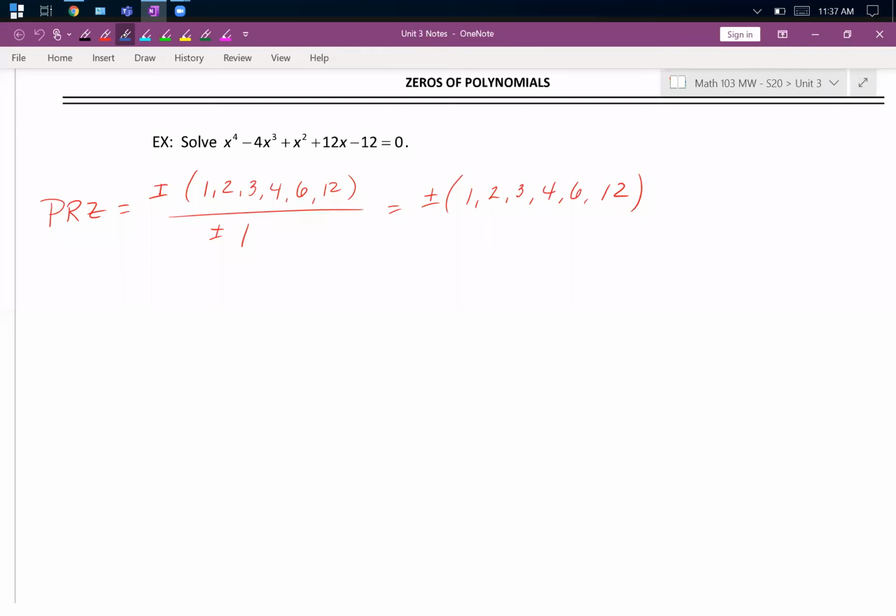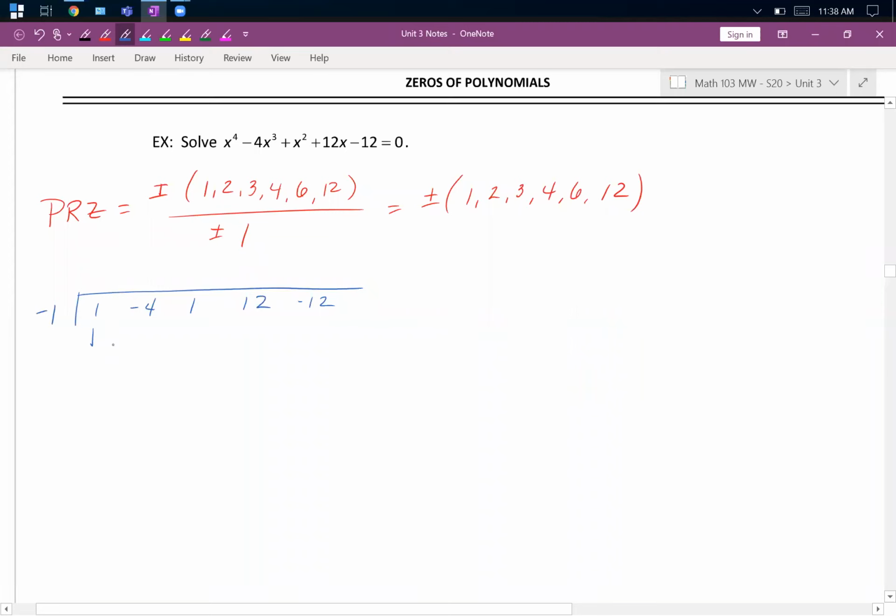Wouldn't we usually check -1 afterwards? There's sort of just no rhyme or reason, especially if I don't have a chart to guide me. But if that's kind of the systematic way you want to do it, 1, -1, 2, -2, 3, -3, that's fine. Just don't ignore what you get from your upper and lower bounds if you're going to use that technique.